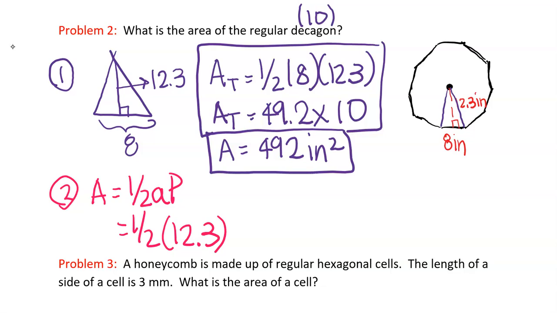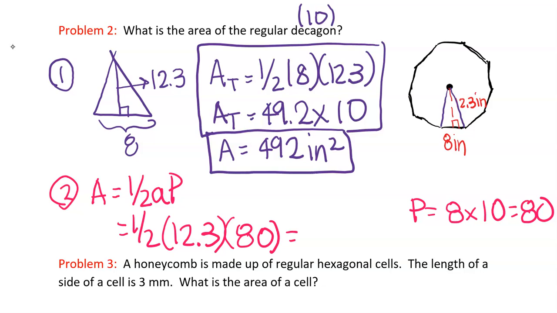The perimeter, I'm going to do that off to the side, is the distance around the whole thing. If each of the sides is 8, and we have 10 sides, the perimeter would be 80. So we can put that in there. Half of 80 is 40, and 40 times 12.3 is also 492.